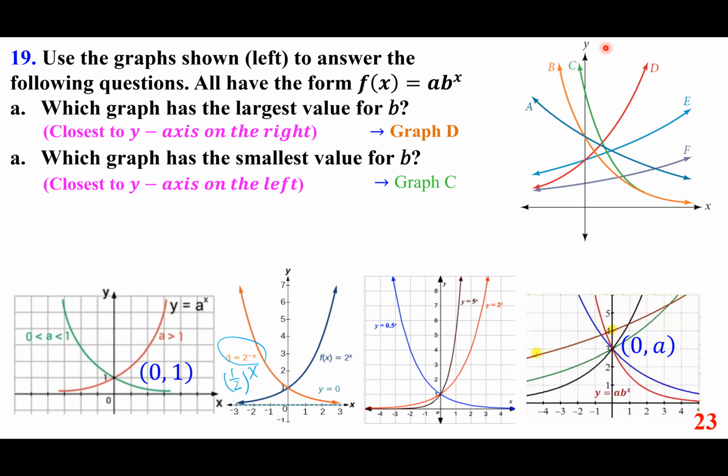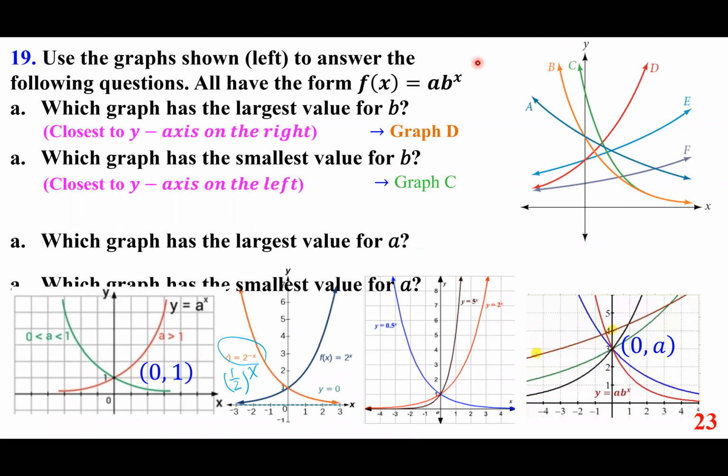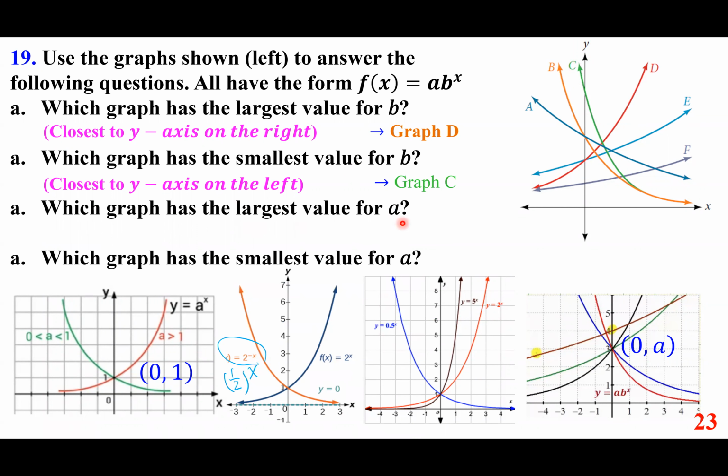That's closest to the y-axis on the other side. Now, which one has the largest a, which one has the smallest a? If you replace the x with 0, you notice the y-intercept takes place at 0, a. So the largest a, the largest y-intercept would be, look at this.